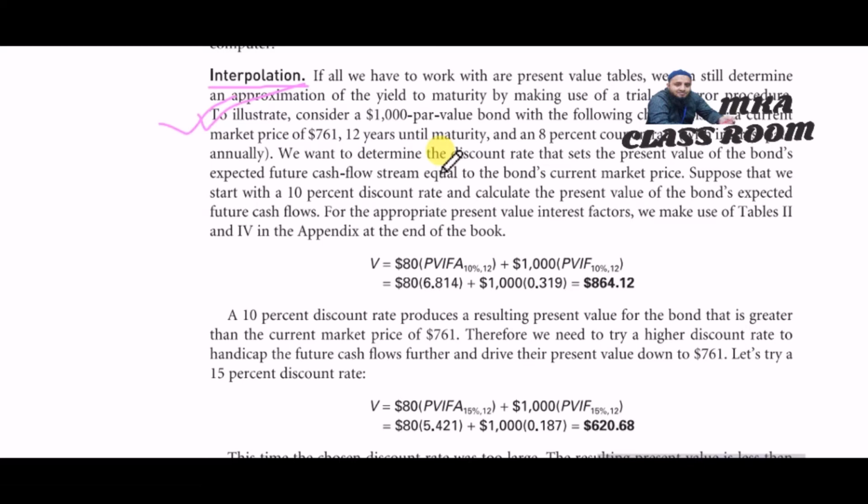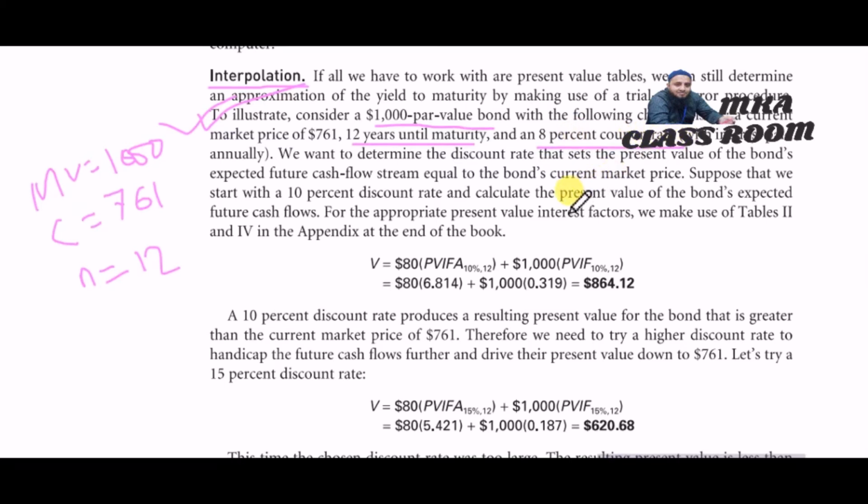Consider a 1000 par value bond, that means MV, maturity value 1000 from our formula, with the following characteristics. The current market price is 761, that means C equal to 761. 12 years to maturity, that means N equal to 12. 8% coupon rate.